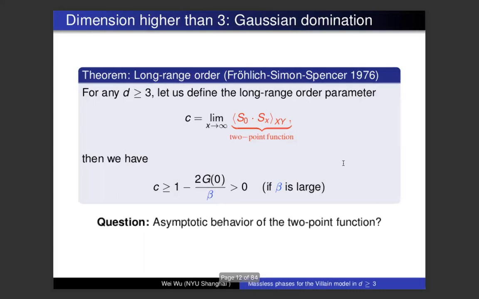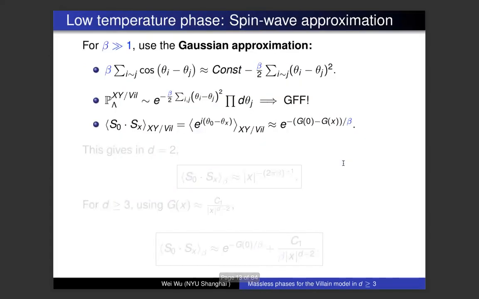Now it would be very natural to ask what happens in this case. What can you say more precisely about the 2-point function? If you ask this to a physicist, there is an approximation that physicists would always like to do. It's called the spin wave approximation.